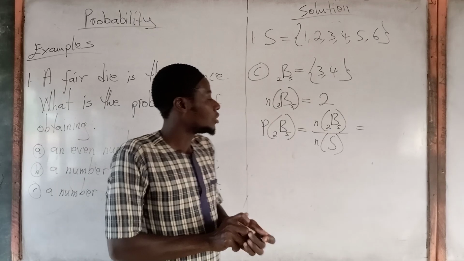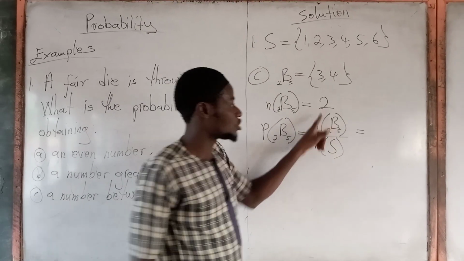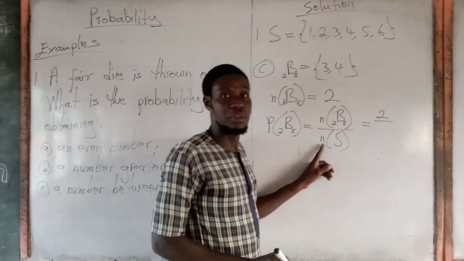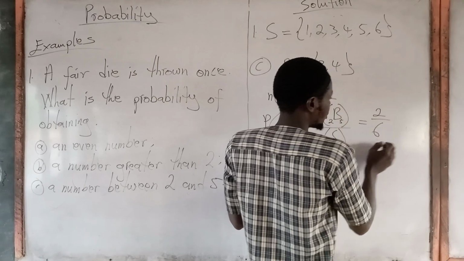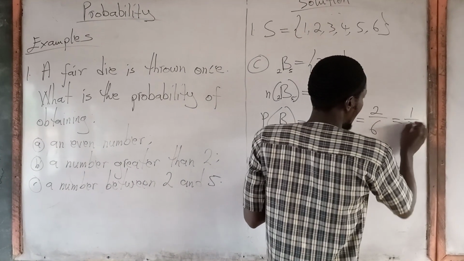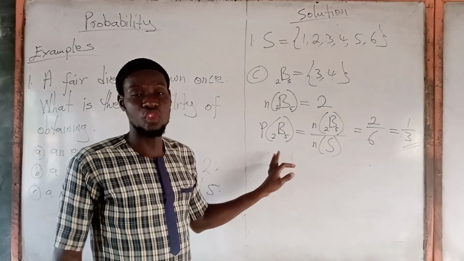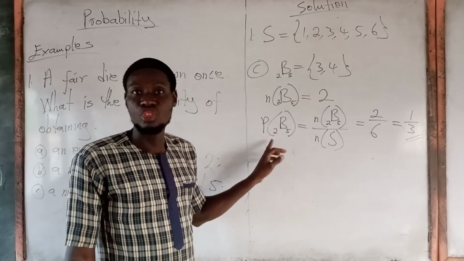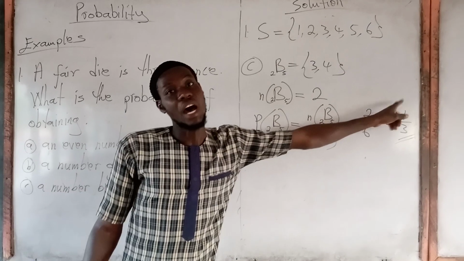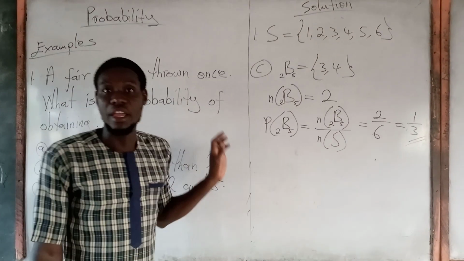So now we have n of numbers between 2 and 5, which is 2, divided by the number of elements in the sample space, which is 6. This will eventually give us 1 out of 3, or 1 divided by 3. So the probability of obtaining a number between 2 and 5, if a fair die is thrown, is 1 out of 3. And so this is the solution to this example.